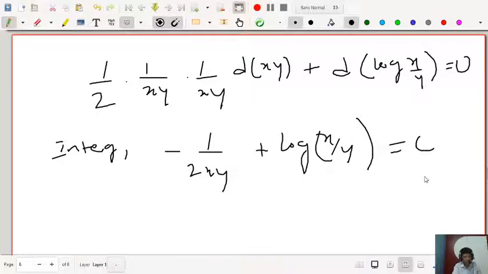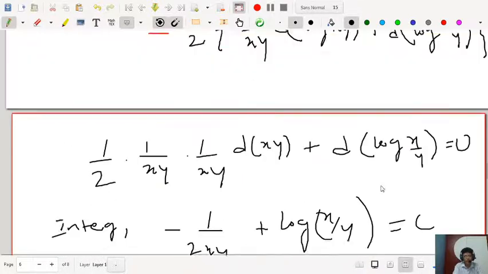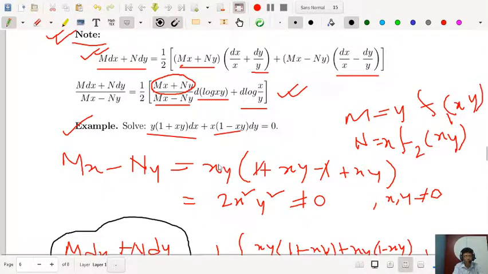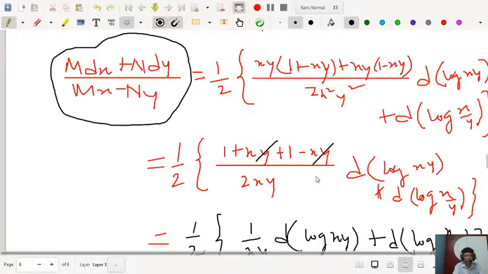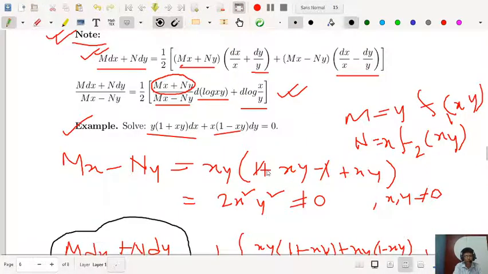That is your answer. Clear? So this is how you will apply the problem. Let's have another problem. Or if you don't want to use this method, you can directly apply 1 by x square y square as an integrating factor, multiplying 1 by x square y square, and pair the solution, and you will get the answer.